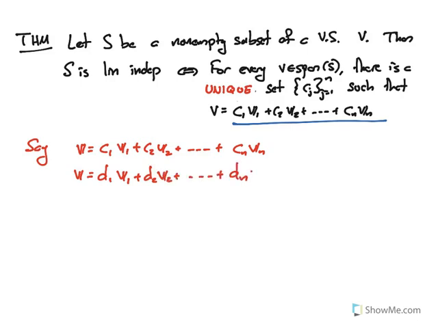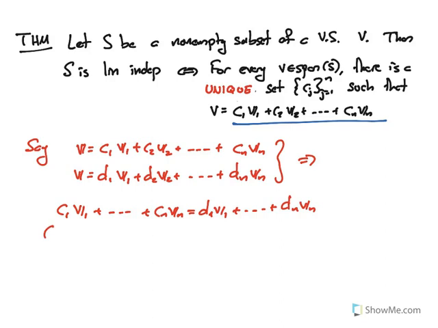In the first one we use expansion coefficients Cj, and in the second one we use Dj. Now if you combine these, if I subtract one from the other, well, maybe we should do that step. We get the following expression, and then if we put them all on the same side, we get this.